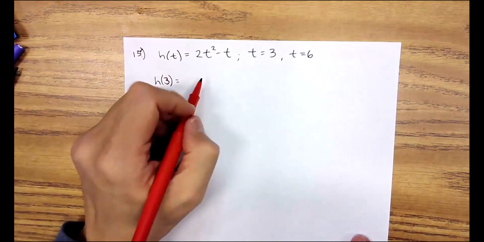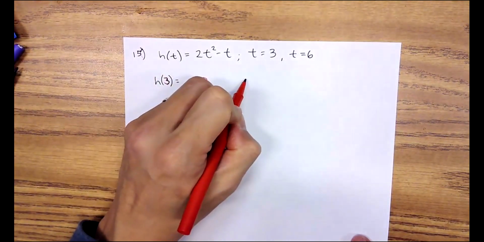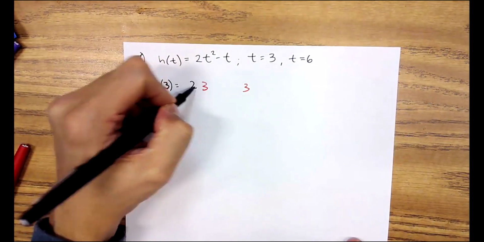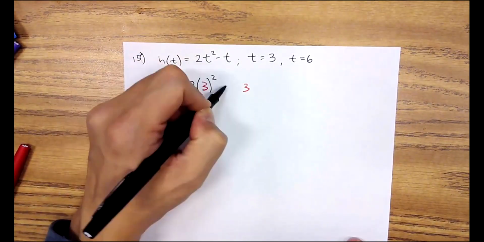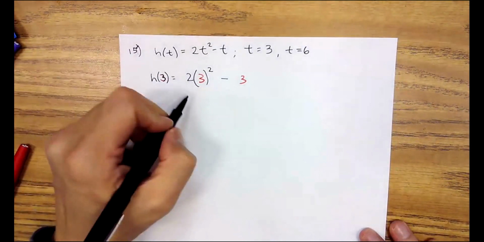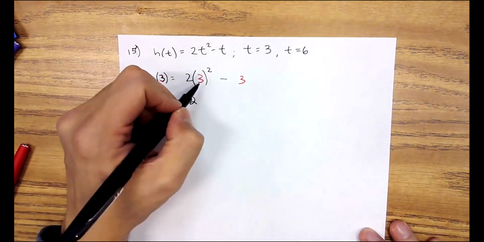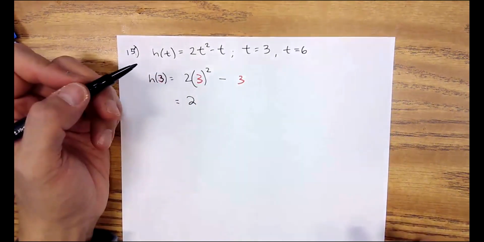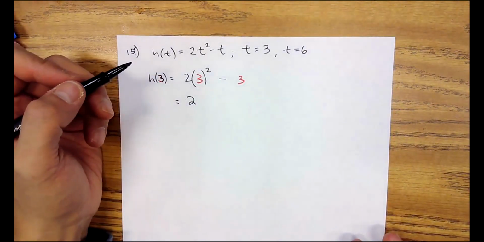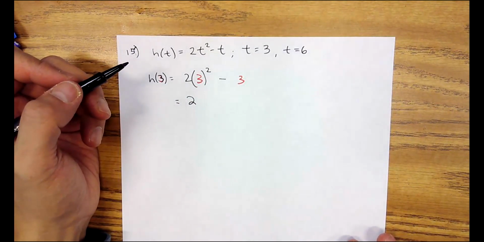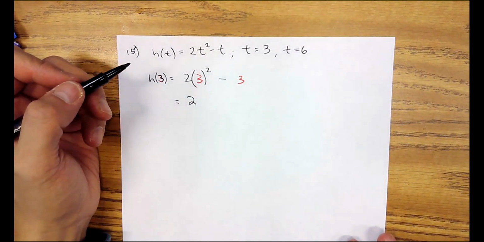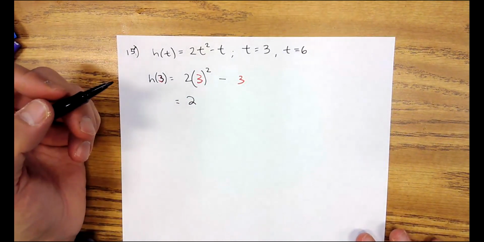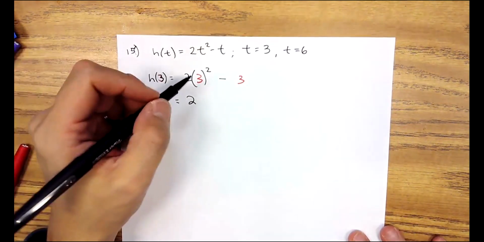So 2 times 3 squared minus 3, which equals... Remember to do the exponents before anything because it's PEMDAS, right? Please excuse my dear Aunt Sally.